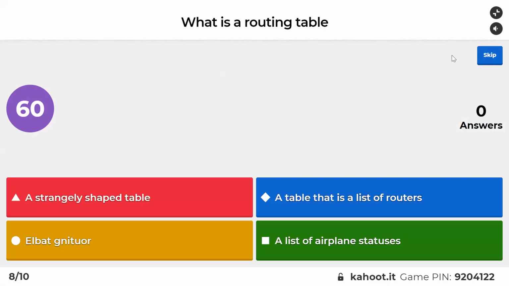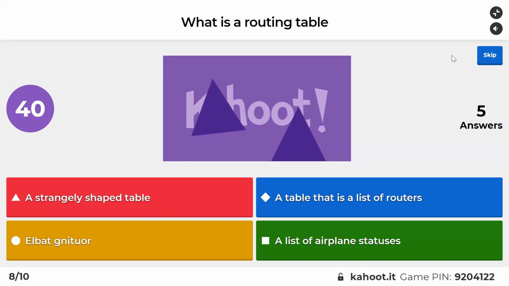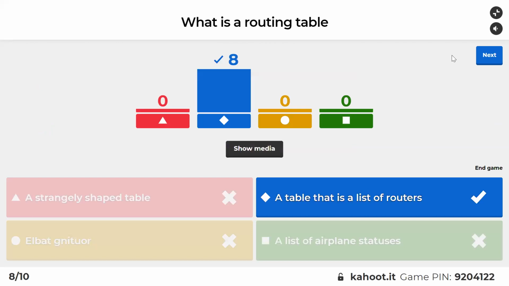What is a routing table? Okay, great. Everyone chose the correct answer.